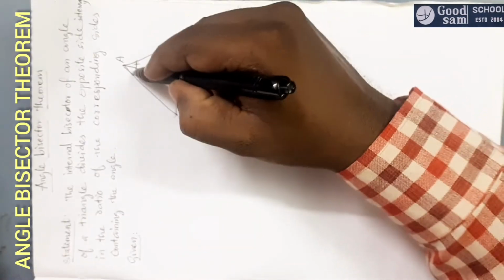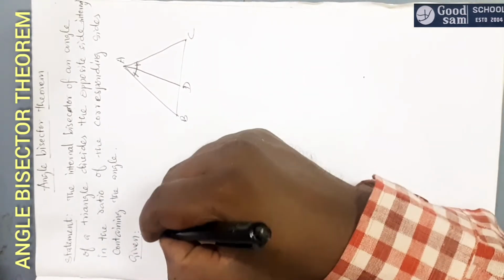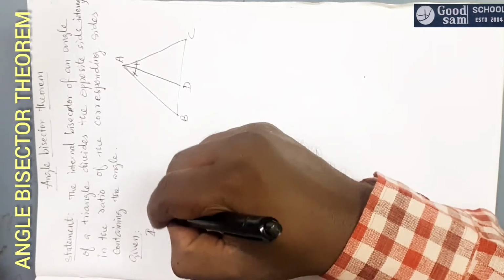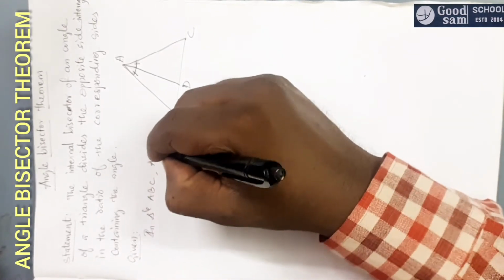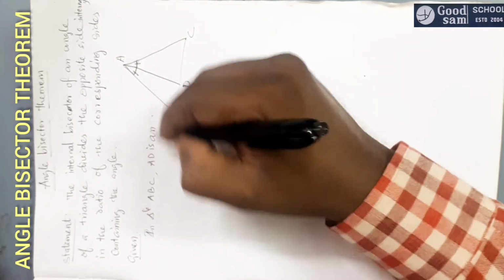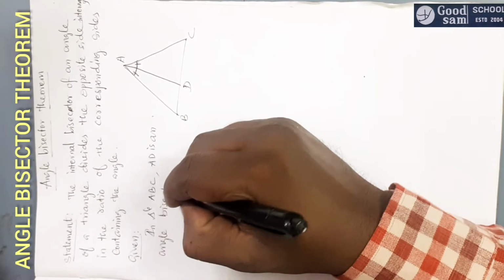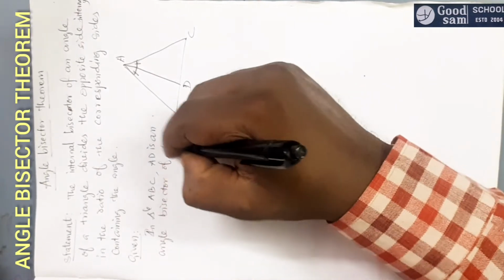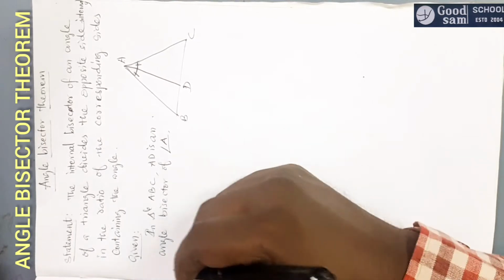This AD will bisect this angle A into 2 equal parts. That is angle bisector. So in triangle ABC, AD is an angle bisector of angle A.